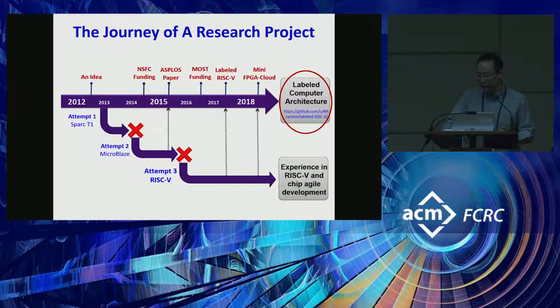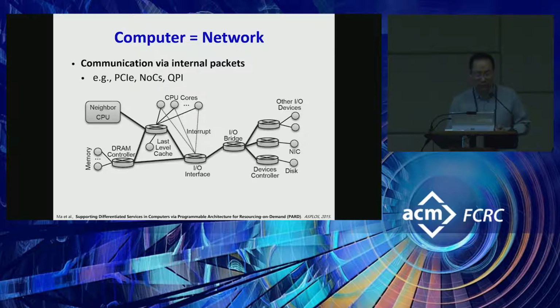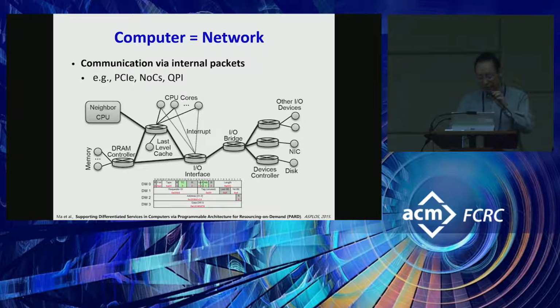The key idea of the labeled computer architecture is that we can view a computer as a network. If we look inside a computer, it is all packet-based, with communication through internal packets like PCIe packets, network-on-chip packets, and QPI packets. For example, a PCIe packet is just like a TCP/IP packet, right?